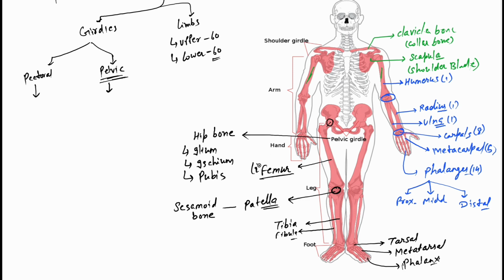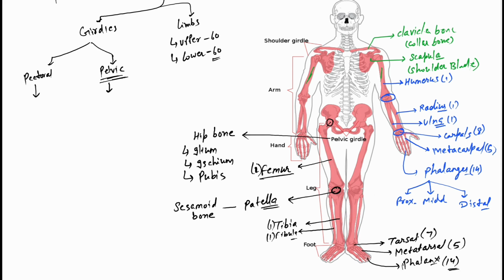So how many femurs? There are 2 in number, one on each side. The patella is also 2, then tibia 1 bone, fibula 1 bone if we talk about only one side. In the foot, metatarsals are 5 in number, tarsals are 7 in number, and phalanges are also 14 in number.